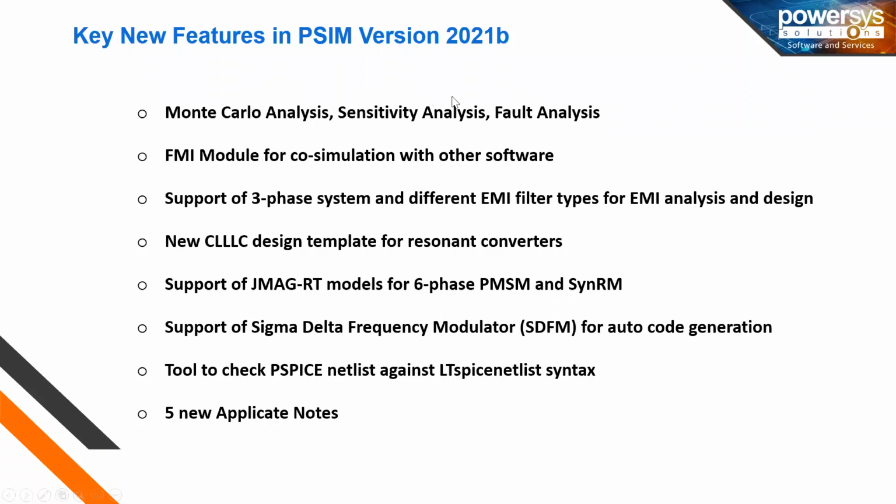We will go through each kind of simulation in a few seconds. We have the new FMI link, which helps PSIM co-simulate with any other software compatible with the FMI link, the Functional Mockup Interface.